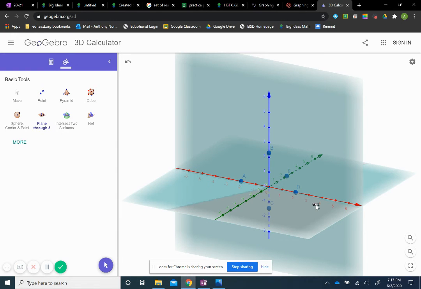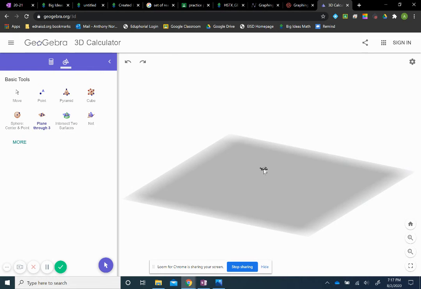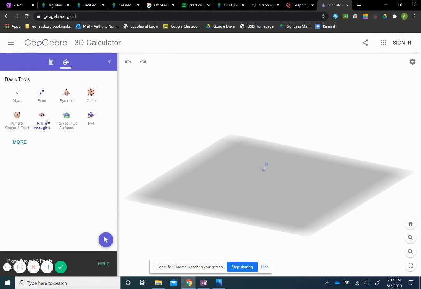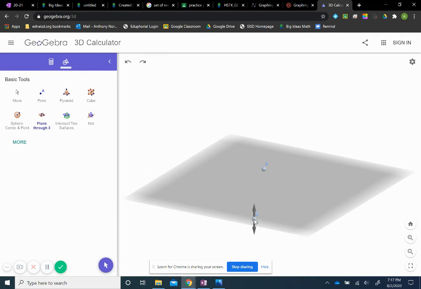That's a plane. Oh, sorry. We need to be intersecting with the red line. So let's create a plane. 1, 2, 3. What a funky looking plane. So we're able to solve that one.